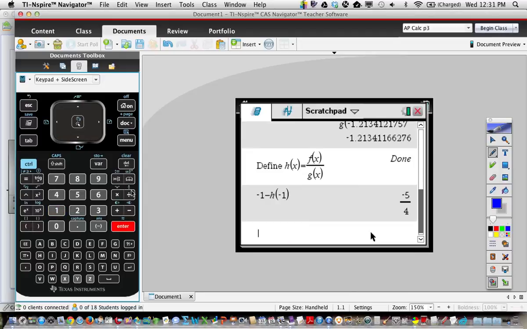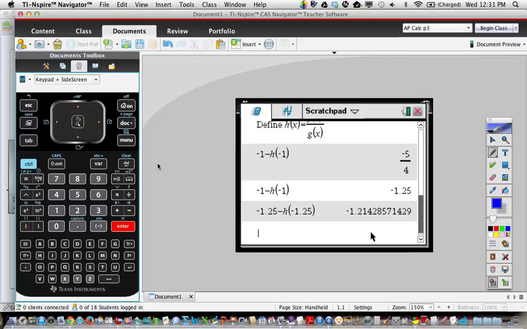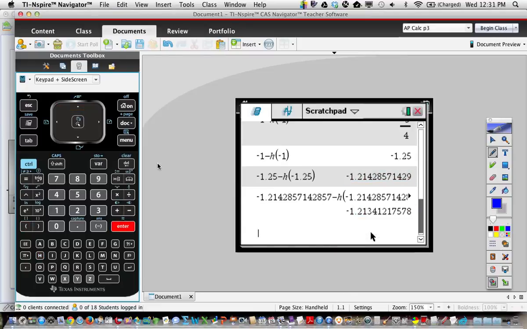So I could go this. Oh, I should have done Control Enter. I like decimals better. And then I could grab this minus h of that, like that. And then grab that minus h of that. Right? x minus f of x over g of x.